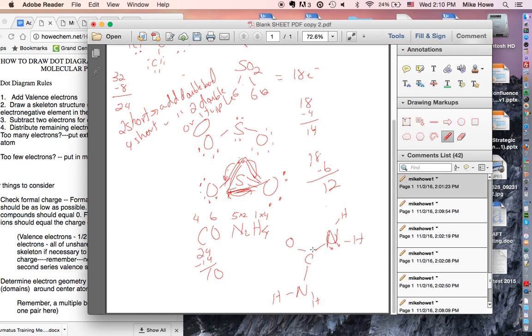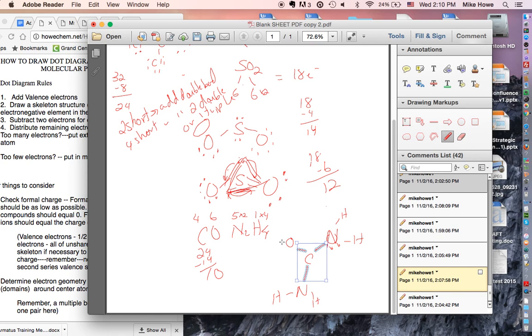So now I've got the same scenario, but this time I'm going to put in a multiple bond. So now the question becomes, which would be the best place to put the multiple bond, the double bond? Probably on the oxygen because oxygen has 2 bonding sites. And I've already got the other nitrogens filled up. There's another concept later that we will talk about called formal charge, which simplifies this process a little bit, but I don't think we're quite ready for it yet.